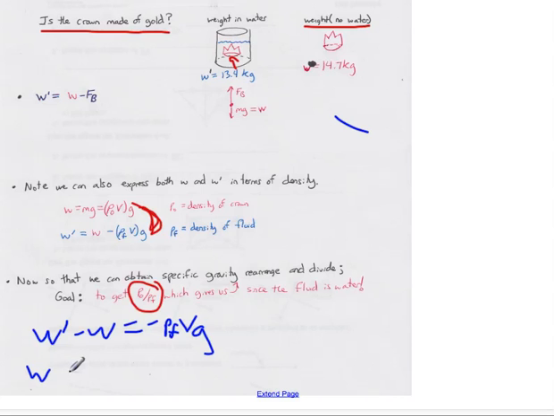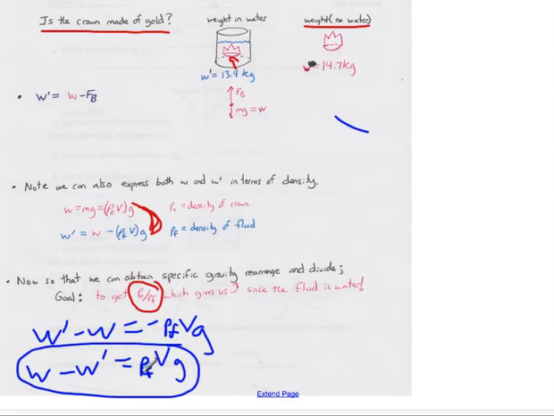So we'll have a positive W minus W prime, and now we'll get the density of the water or the fluid times the volume times our gravitational constant. Okay, so now we have that. So now we're going to take this equation, which has rho_F in it, that should be on the bottom, and the other equation has rho_O on it, that should be on the top.